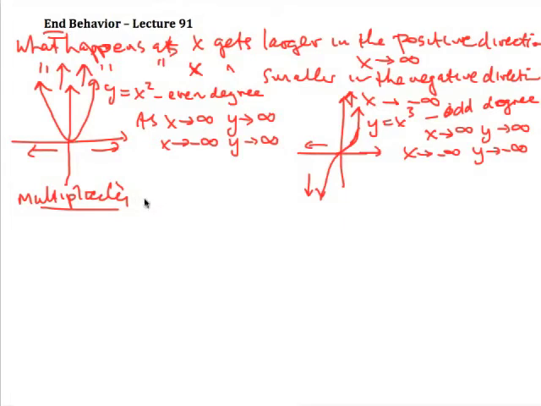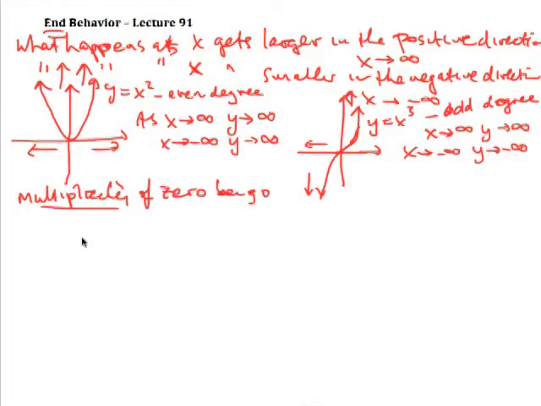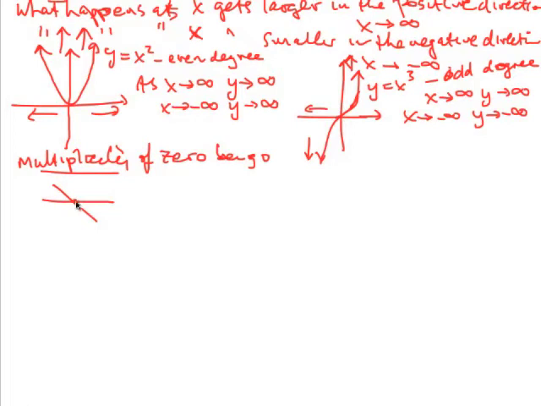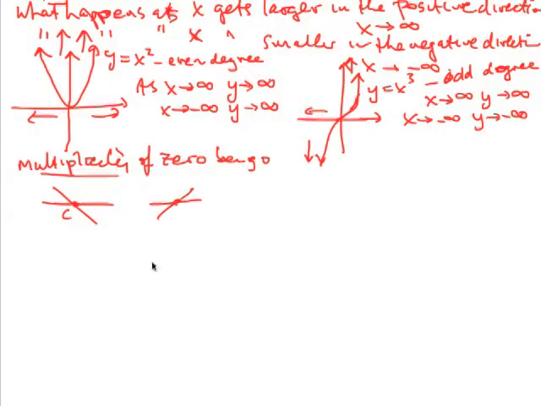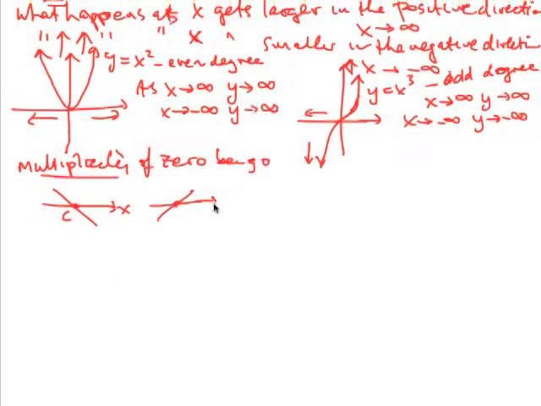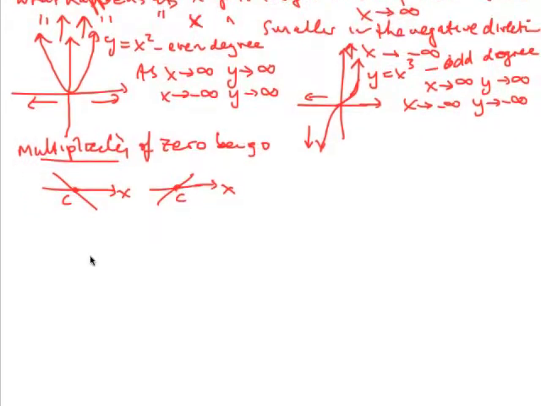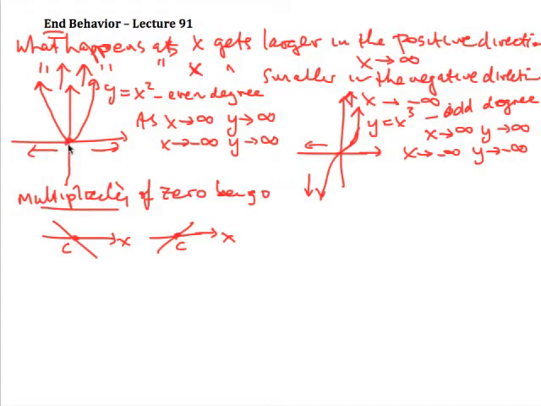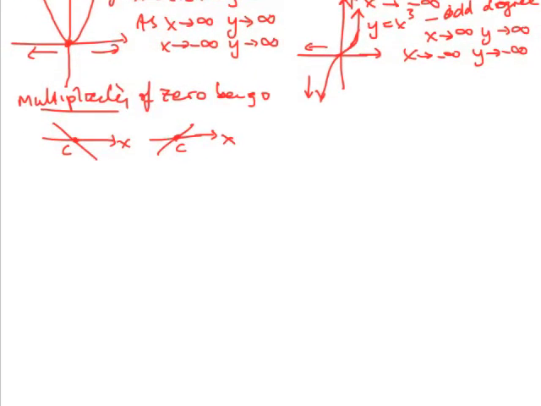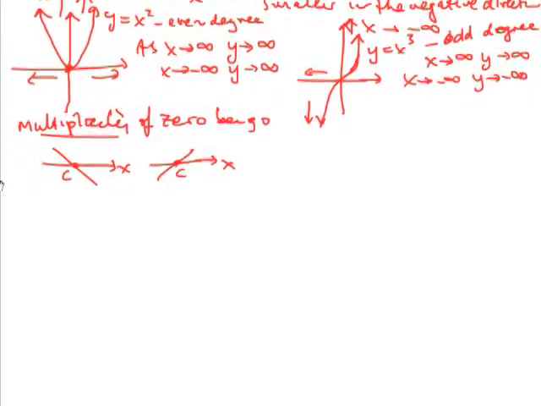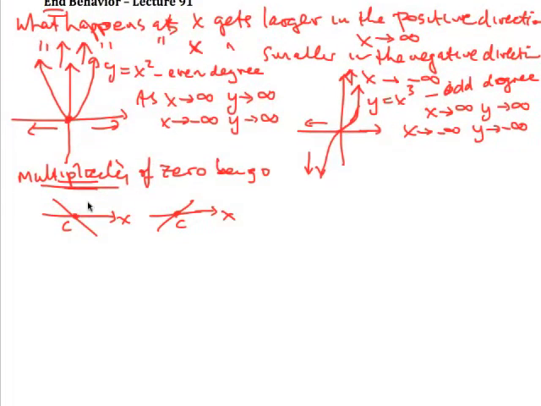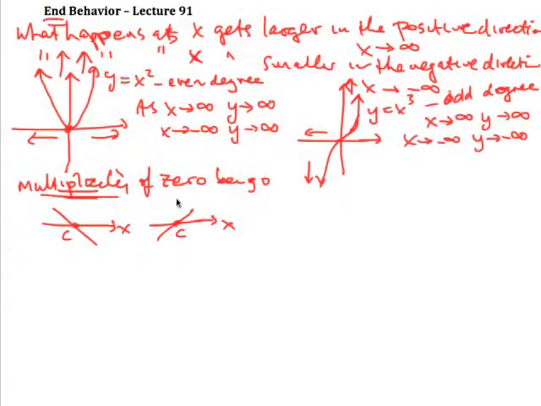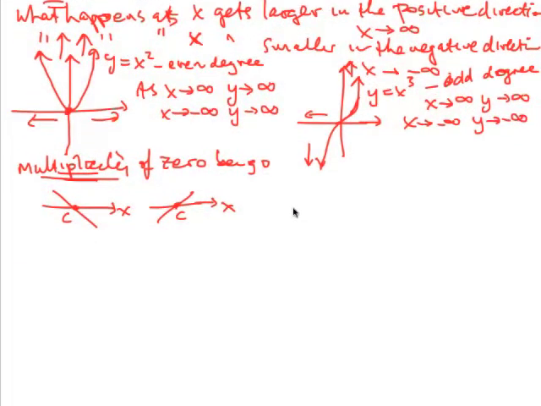If we have the multiplicity of a 0 being 0, then it's either coming down here and cutting in this one position, or it's coming up here and cutting in this one position. This is the x-axis here. Now, if it has a multiplicity of 2, for example, we have that case right here. So keep that multiplicity in line as we come to graph some of the behavior of these polynomials.